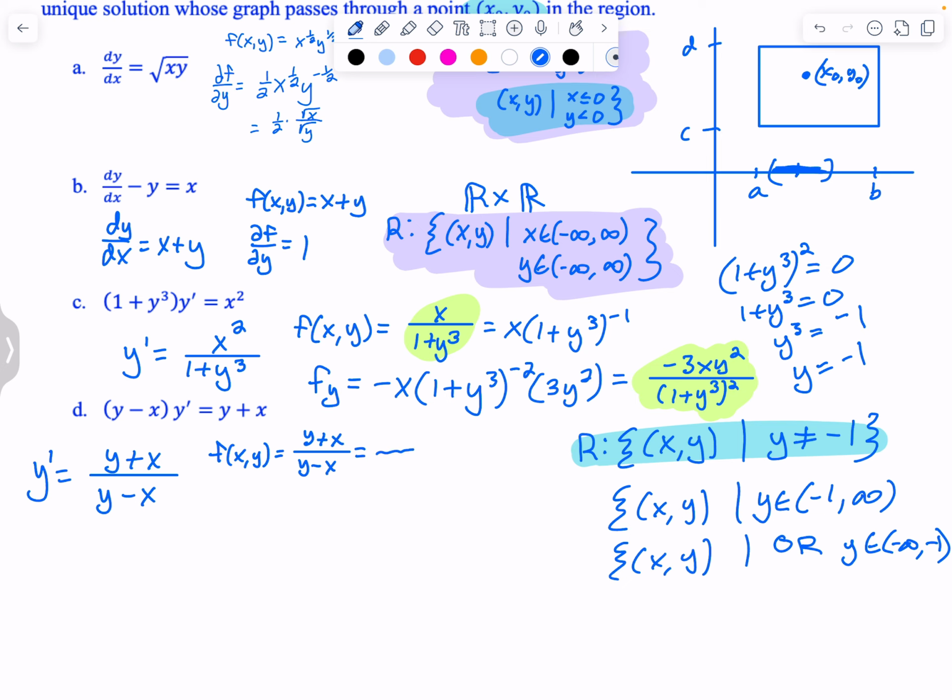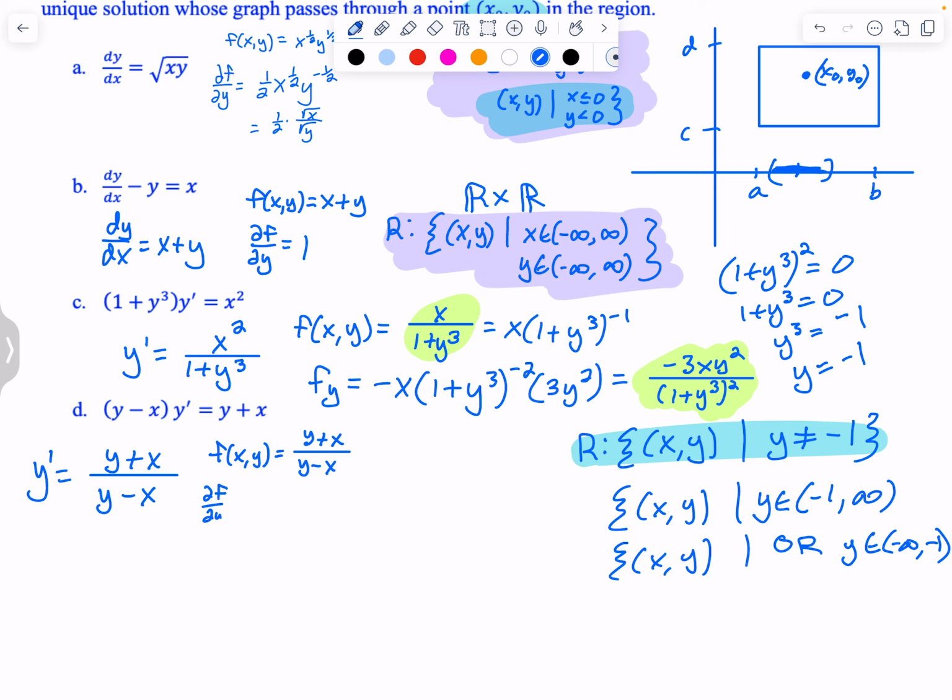It works. We do it in Calc 3 a whole lot. Right now, I'm going to have to do the quotient rule anyway for the partial with y. But I can make it a little easier on us by doing this. Actually, that's not going to make it easier in this case. Forgive me. If I didn't have a y on the bottom, that would have made it much, much easier. So leave it alone. Forget I said anything.